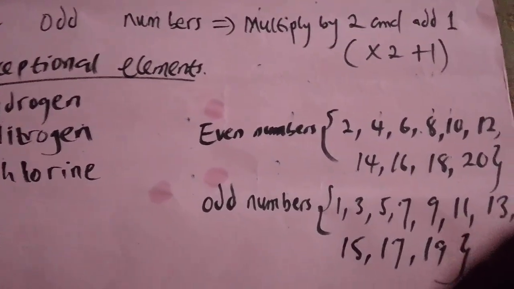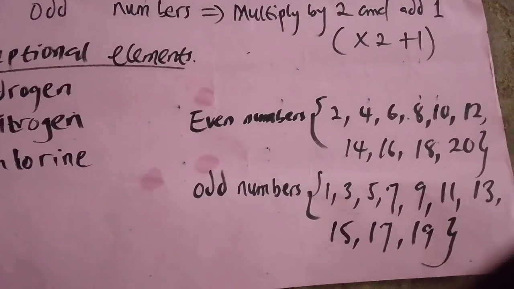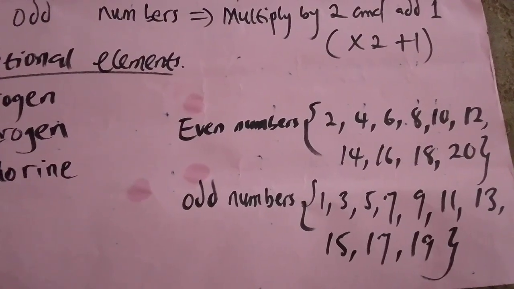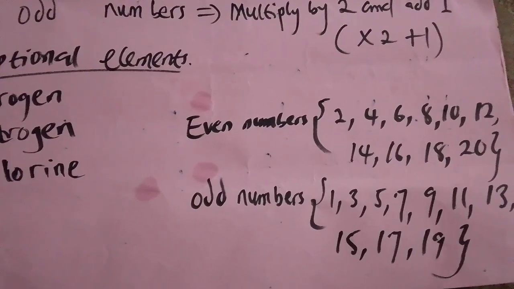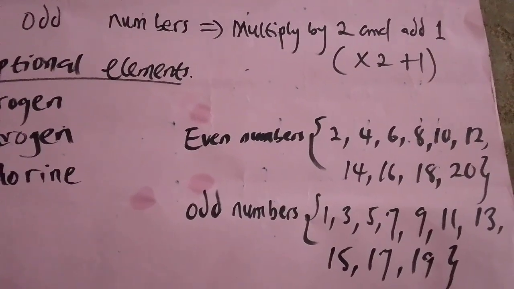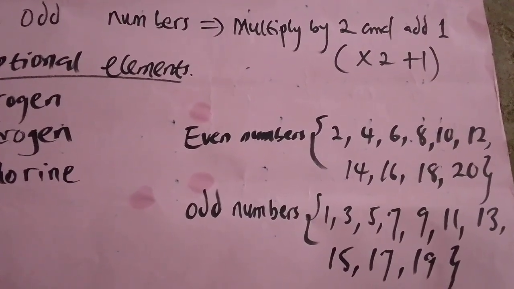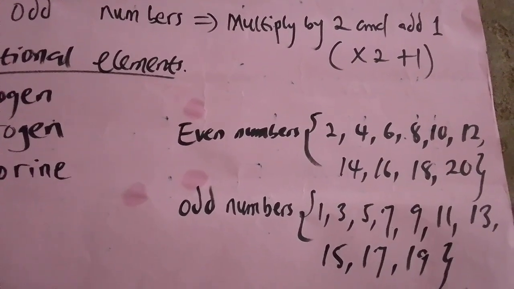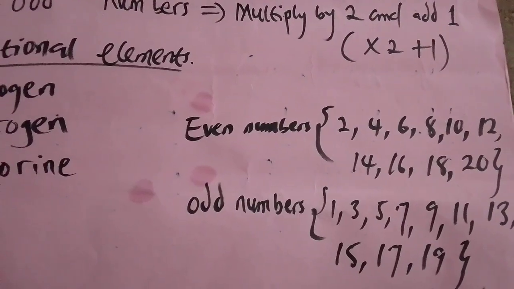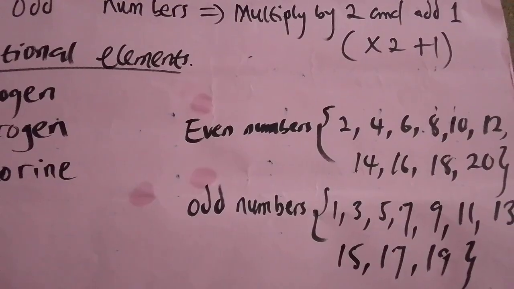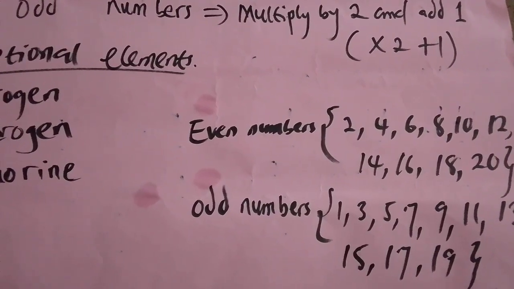Even numbers are the numbers that 2 can easily divide without a remainder: 2, 4, 6, 8, 10, 12, 14, 16, 18, 20, 22, up to infinity. That is how even numbers are, because even numbers can be divided by 2 without having a remainder.